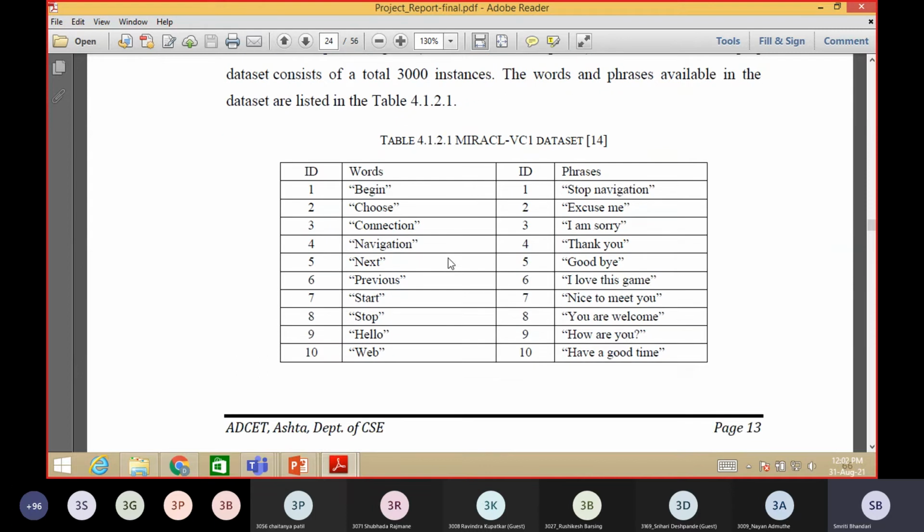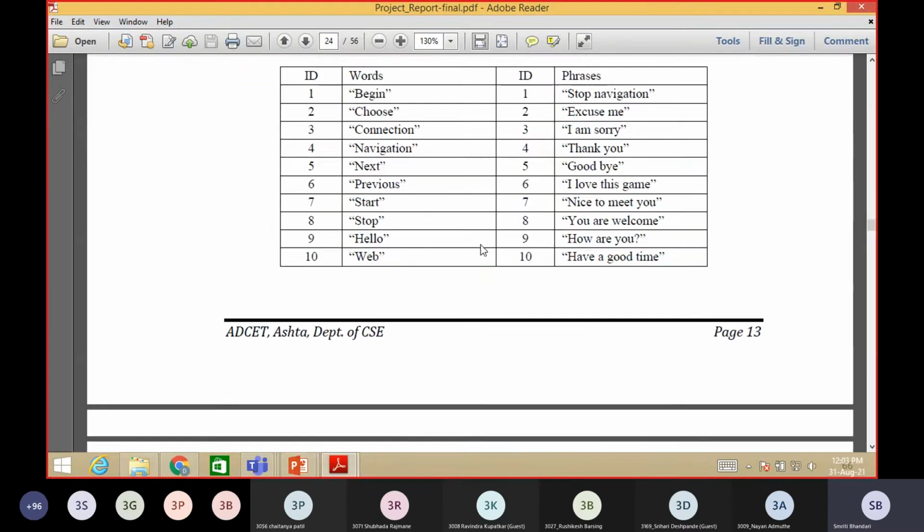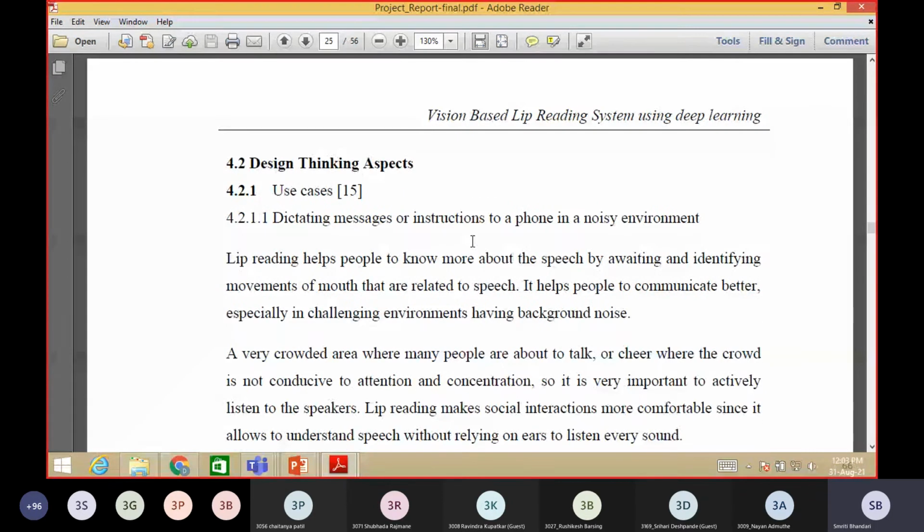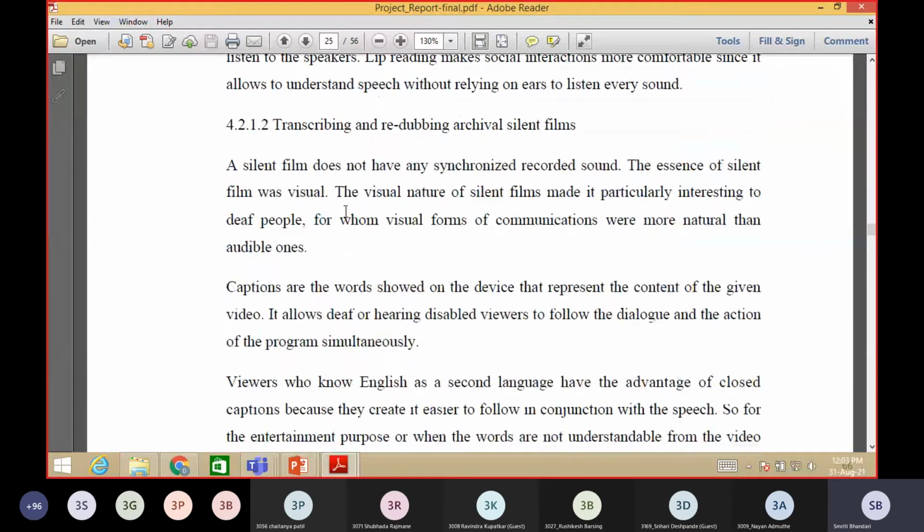Then the detailed information about the data set, we are having here in tabular form. It depends upon whatever project you have, not necessarily exactly the same thing. Then different use cases are also mentioned.